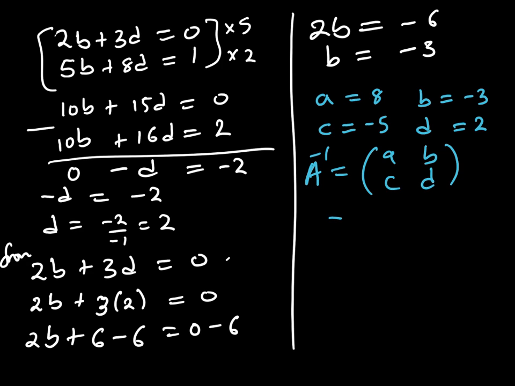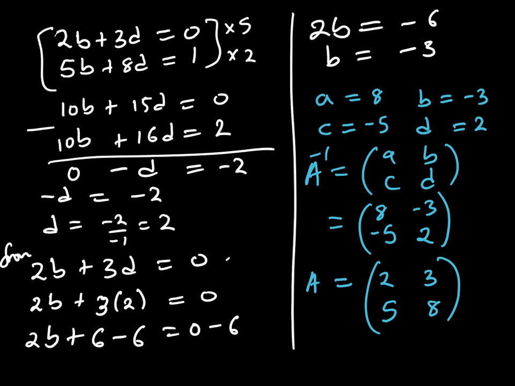So if you substitute for a, b, c, and d, you'll end up with 8, -3, -5, and 2. Let's see if there is a relationship between this matrix and the original matrix. The original matrix was A equals 2, 3, 5, and 8.